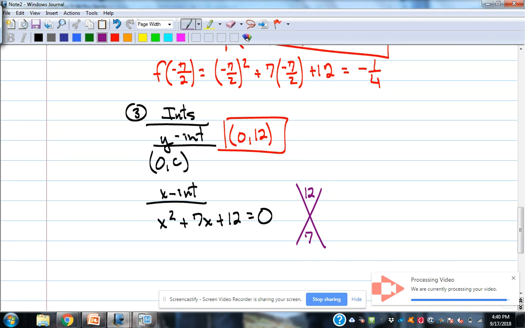The number up top: there's a 1 in front of x squared, so it's 1 times 12, so that's the number up here. 7, the middle number, B, always goes to the bottom. That's the way I've always done that. So numbers that multiply to be the number up top and add to be the number in the bottom. So that would be 4 and 3. 4 times 3 is 12. 4 plus 3 is 7. So those are the right two numbers.